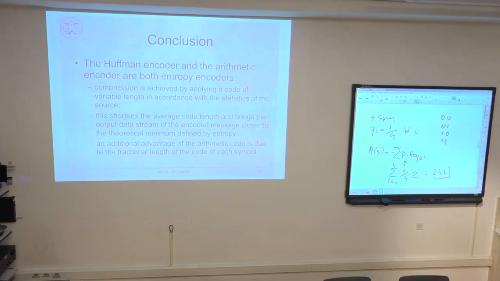But when the number of symbols is not an integer power of 2, we don't have 4 or 8 or 16 symbols, maybe we have 5 symbols, in this case I could gain based on arithmetic coding. With a simple binary code, I have to use 3 bits for 5 symbols.